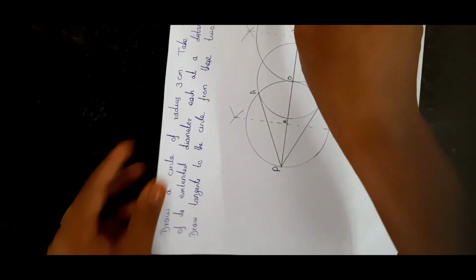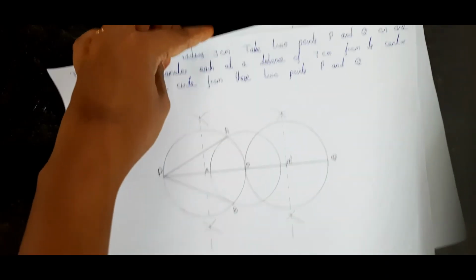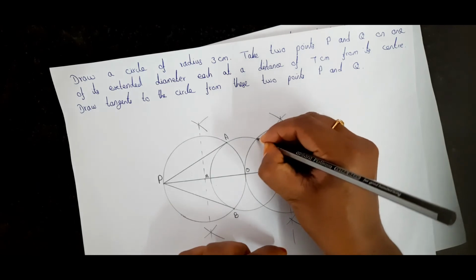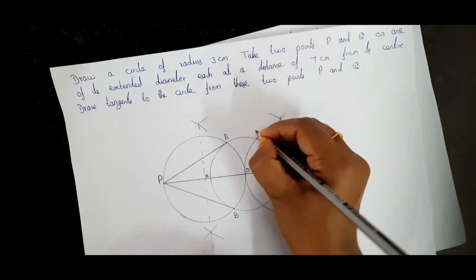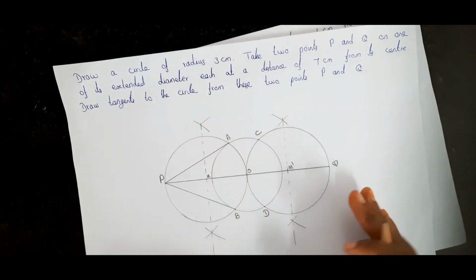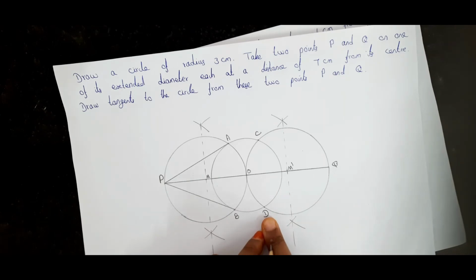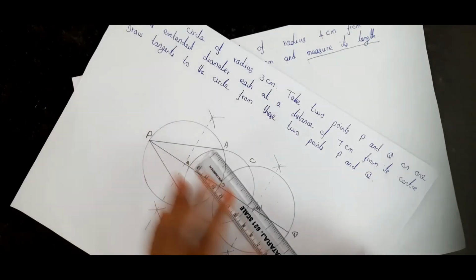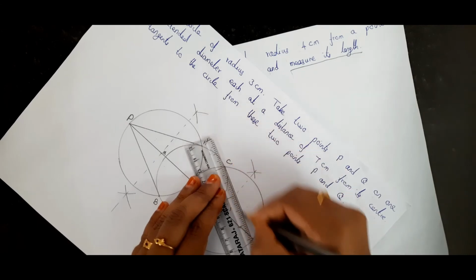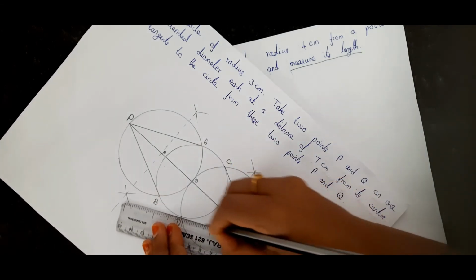See, where the two circles intersect, this point I am taking C and here I am taking D. You can give any alphabet, okay? So here I am taking C and here D. Now what we need to do? Using the scale, we have to join C, Q and D, Q.